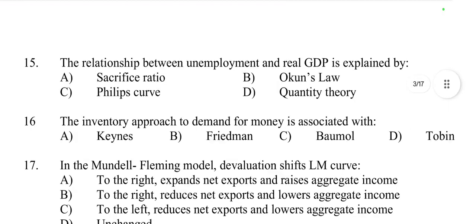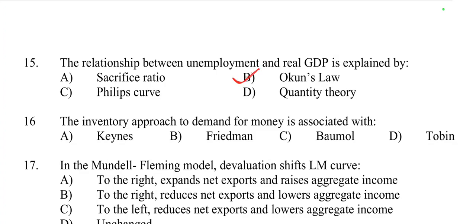Then question number 15. The question is, the relationship between unemployment and real GDP is explained by: sacrifice ratio, Okun's law, Phillips curve, or quantity theory. This is called Okun's law. What is Okun's law?